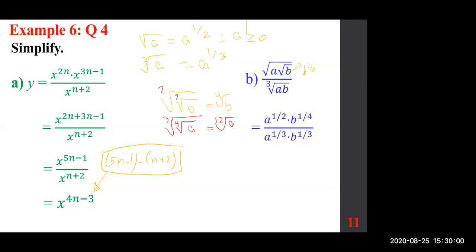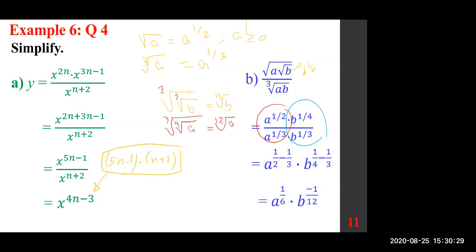So for this part, we can say a to the power of 1/2 minus 1/3, and for this part, b to the power of 1/4 minus 1/3. And that's a simple case. Everybody can add up fractions. The first one is 1/6. The second one is negative 1/12. I hope everybody's comfortable with that, so we don't have to worry about that.